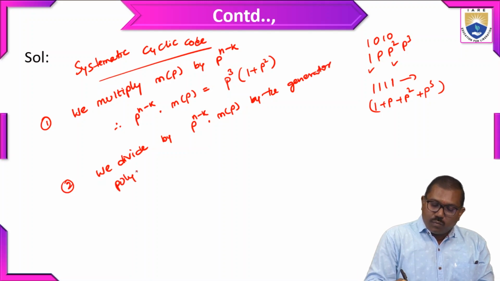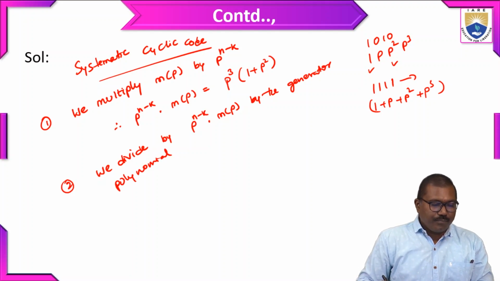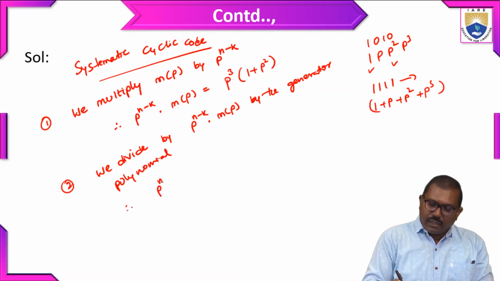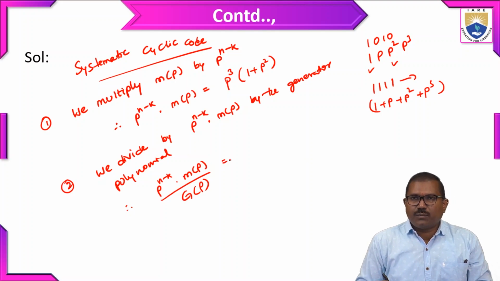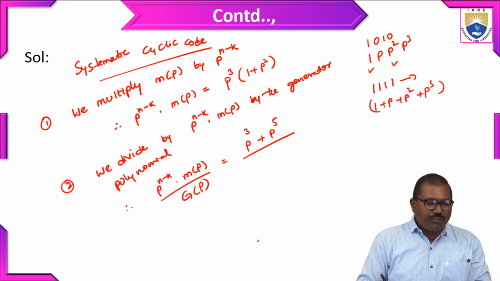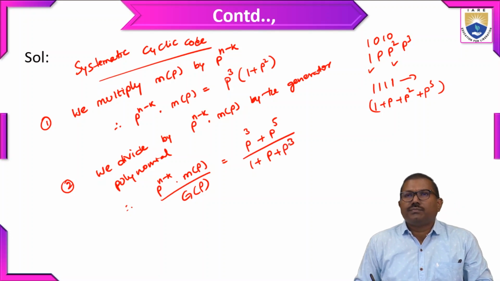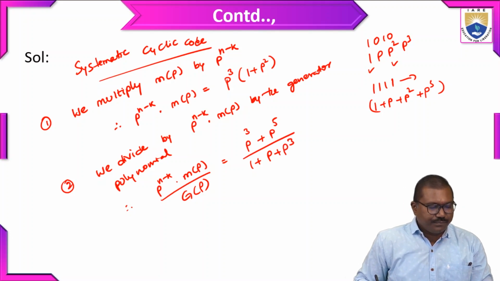So the given generator polynomial g of p. So we write p power n minus k into m of p divided by g of p. This is my g of p, generator polynomial. So what you got? P cube plus p to the power of 5 divided by g of p. What is g of p? 1 plus p cube. This is the second step.